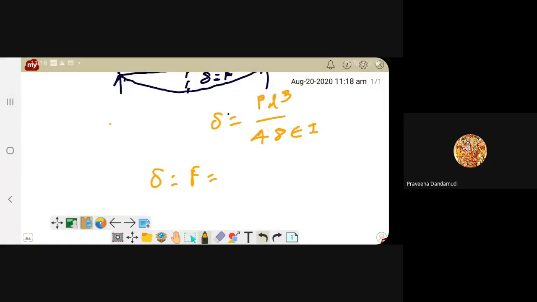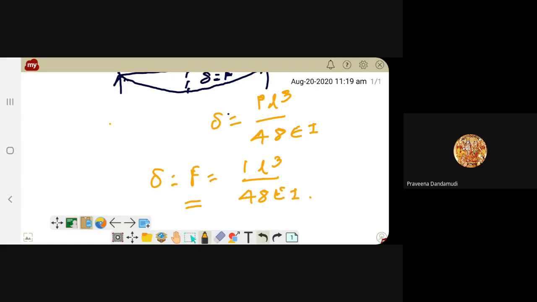Delta equal to F is equal to P, as P is 1, times L cube divided by 48 EI. This is nothing but the flexibility coefficient which I have found here, L cube upon 48 EI. This way you have calculated the deflection here.